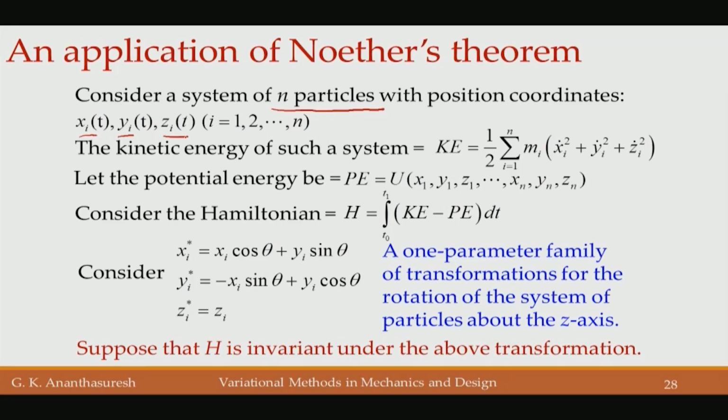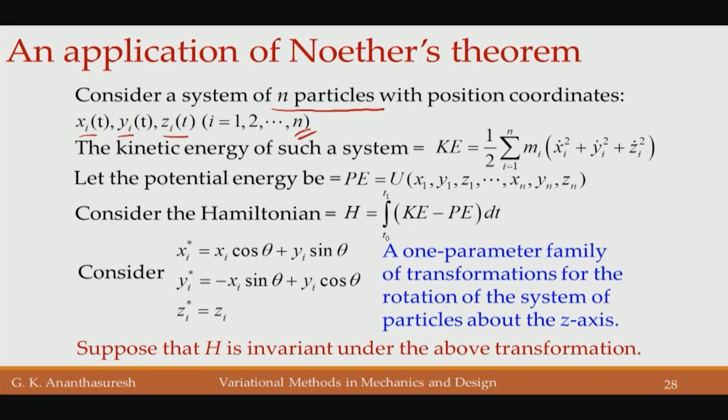That means there are n particles moving in 3 dimensions. So, each particle has its position vector, let us say first particle x1(t), y1(t), z1(t), second particle x2(t), y2(t), z2(t), and so forth. We have n particles, we have 3n functions, all of which are functions of time.